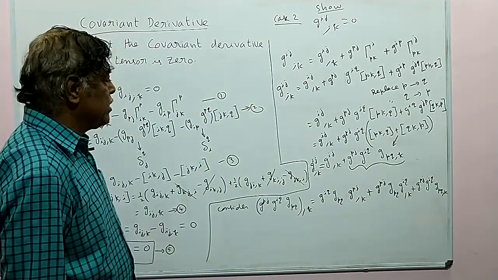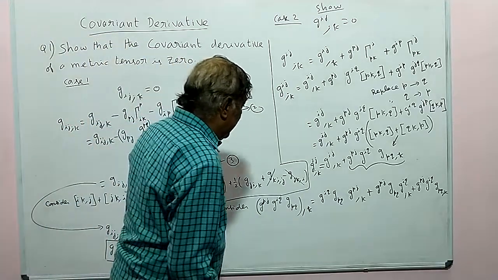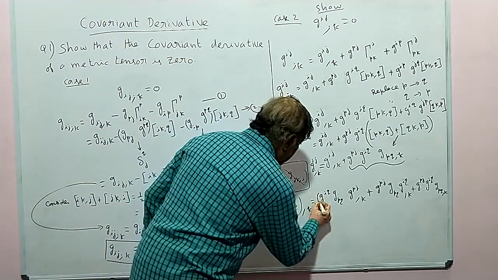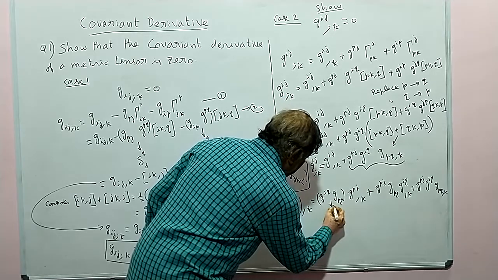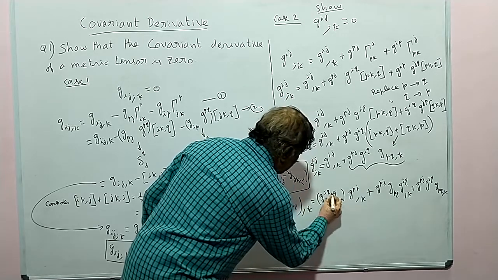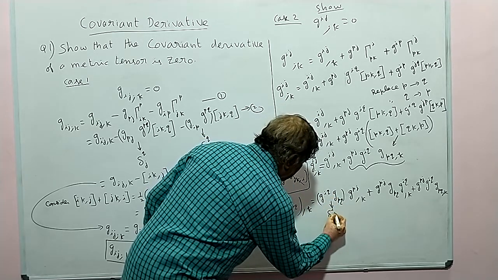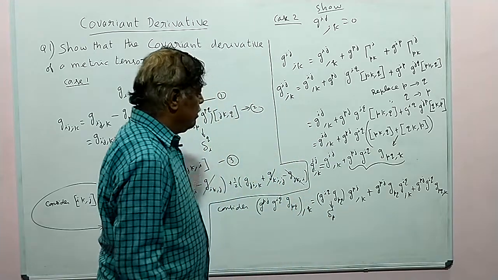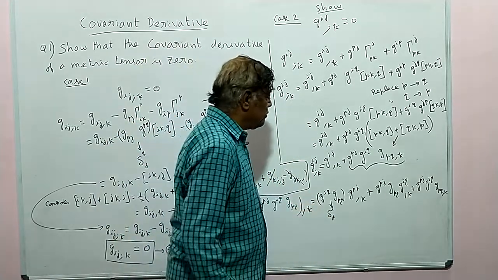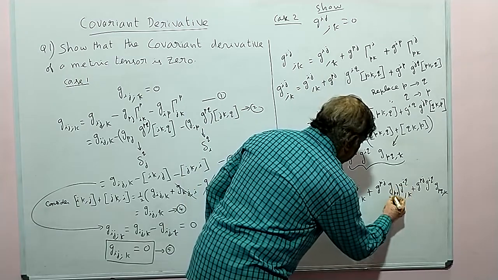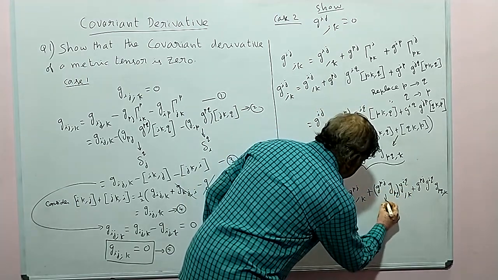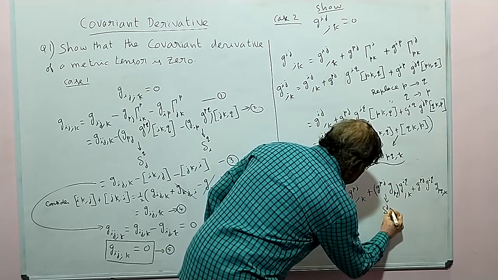So that can be expressed in this way. What is this term? Since q and q are repeated, this is delta^i_p, the Kronecker delta. And here, what is this term? This is delta^j_q.